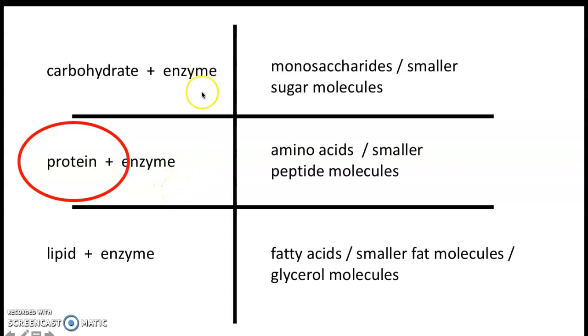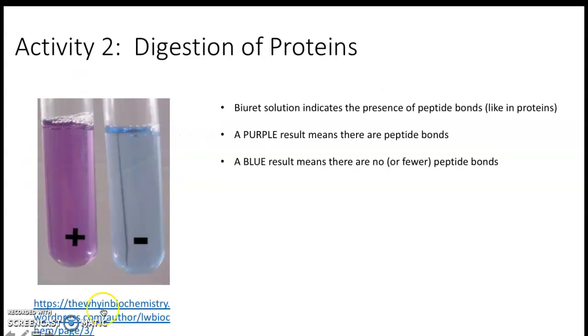Unlike the first experiment here, if you're doing this experiment in lab, we're actually just going to do one test, and we're going to be looking for the presence of proteins here. And specifically, we're going to be looking for the presence of peptide bonds here, and we're going to be using something called a Biuret test. The Biuret solution is actually this kind of light blue color.